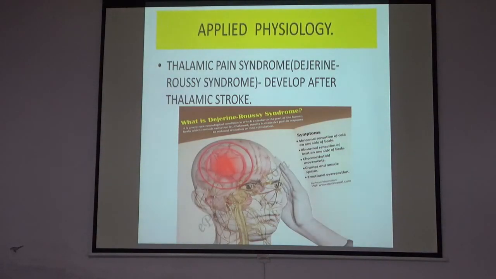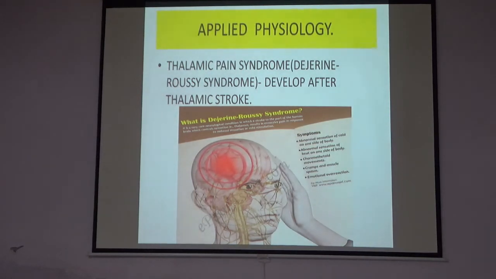Any difference of temperature between 24 degrees Celsius and 38 degrees Celsius cannot be felt. That's why there is abnormal sensation of cold or abnormal sensation of heat. Then the emotional aspect of sensations is heightened, that is, even a slight painful stimulus can cause excessive pain.